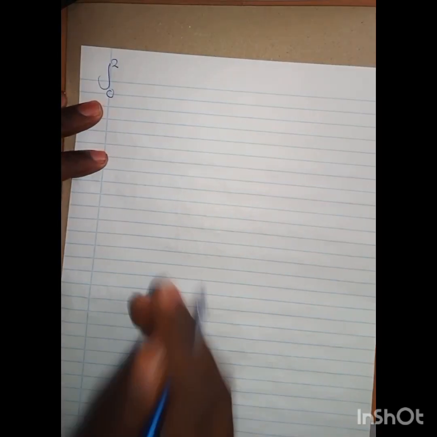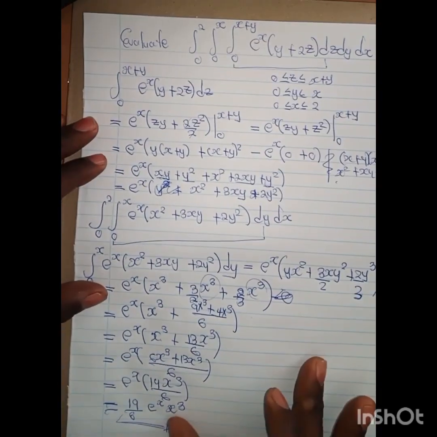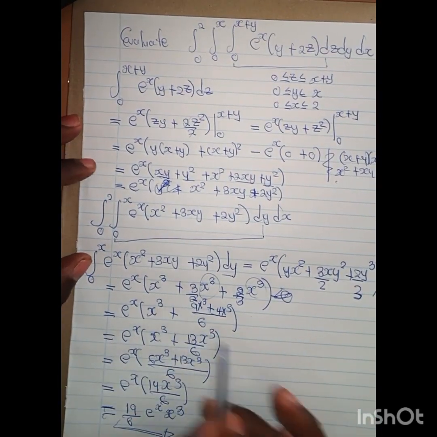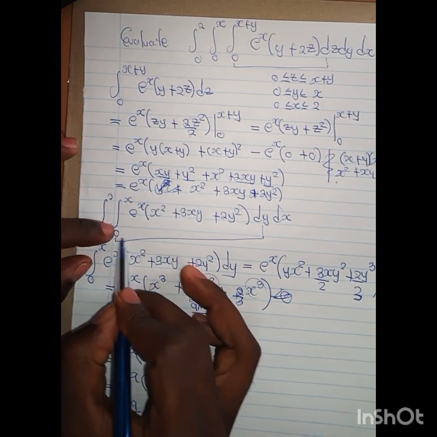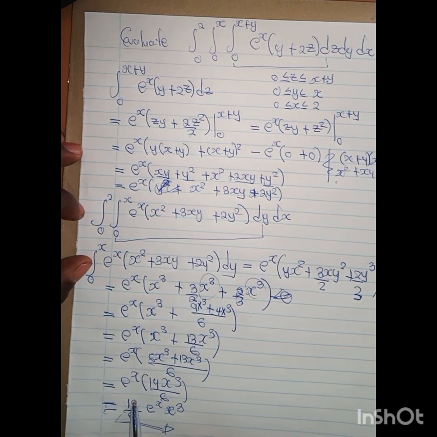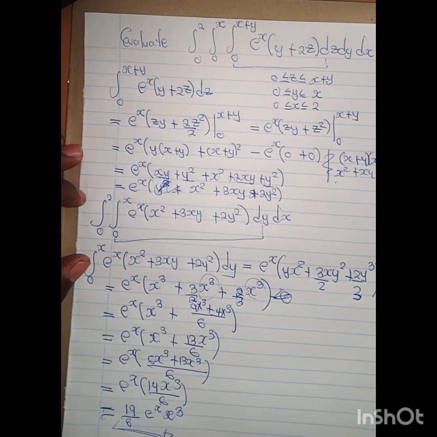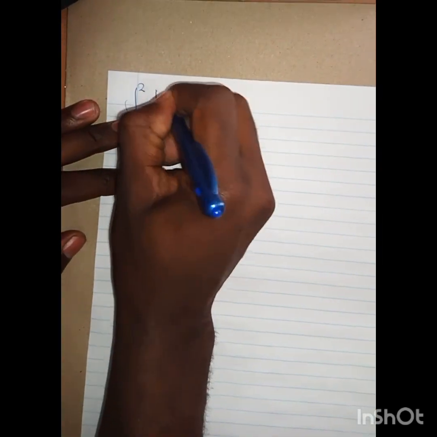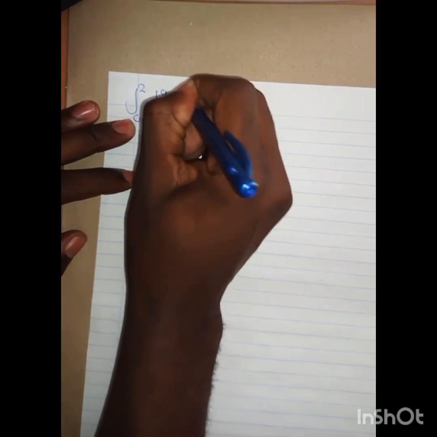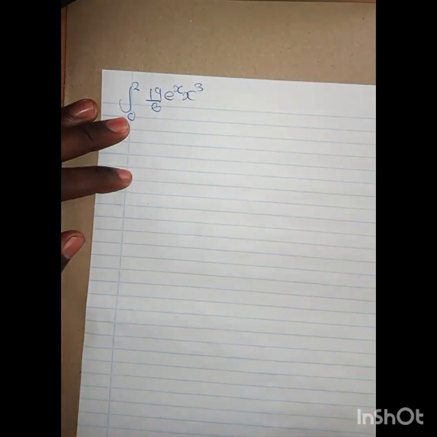Then the integral from 0 to 2, and in place of whatever we have here, I'm going to write 19 over 6 e to the x cubed.